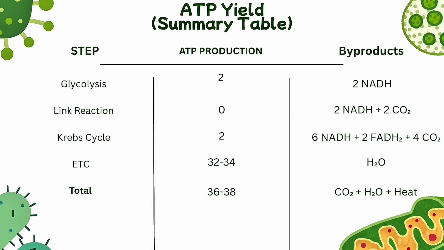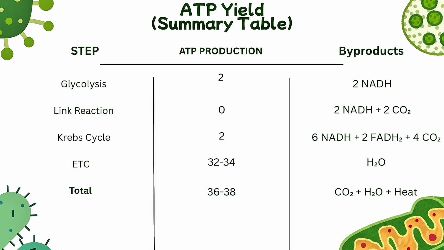ATP yield. The ATP production of glycolysis is 2 and its byproduct is 2 NADH. But in the link reaction, its ATP production is 0 and its byproduct is 2 NADH plus 2 CO2.